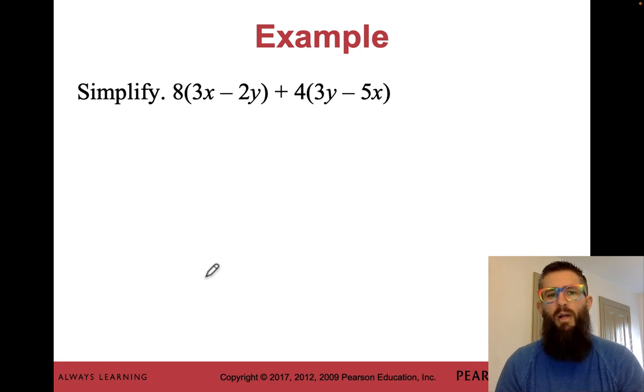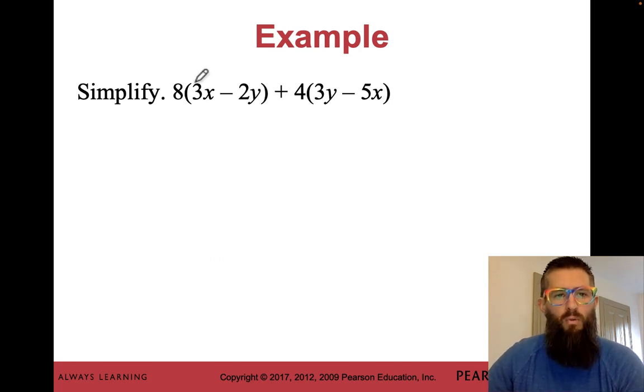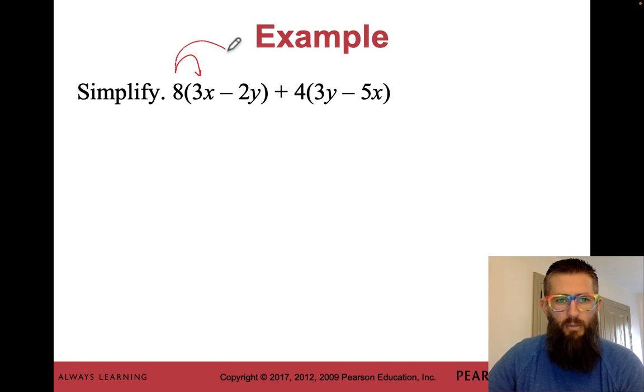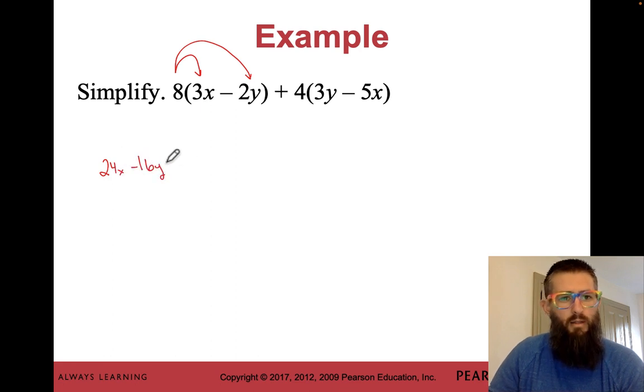Now here we're going to apply the distributive property before we combine like terms. So we're going to take this 8 and we're going to multiply it by 3x, which gives us 24x minus 8 times 2y is 16y plus 4 times 3 is 12y, and then 4 times negative 5x is going to be minus 20x.